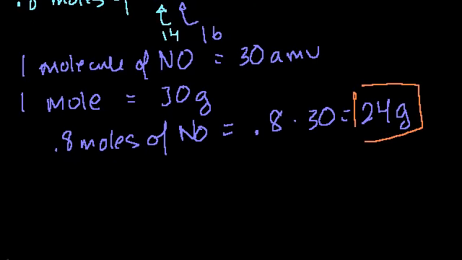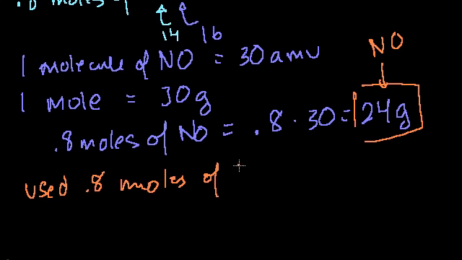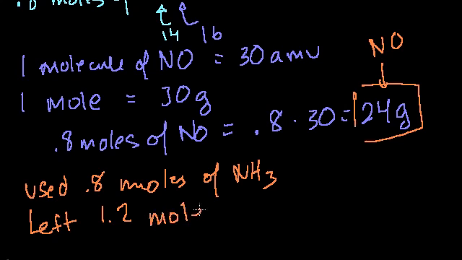So we're going to have 24 grams of nitric oxide, and we used 0.8 moles of ammonia, and we're going to have left 1.2 moles of ammonia.